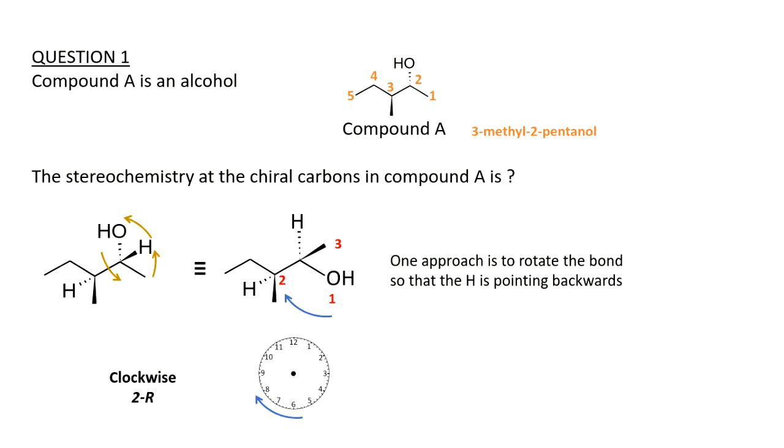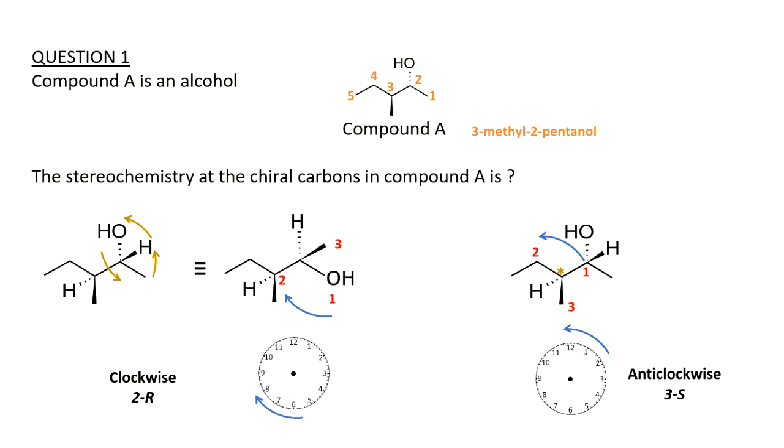If we look at the second stereocenter, which is carbon number 3, the hydrogen is not drawn, but you can know it's behind because we have the methyl group coming forward. And so it's already in the proper orientation with the hydrogen behind. So we have our methyl group coming forward. And so again, we use the Cahn-Ingold-Prelog rules to determine priority.